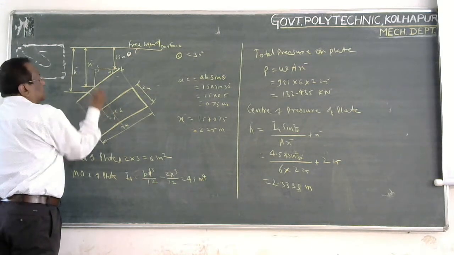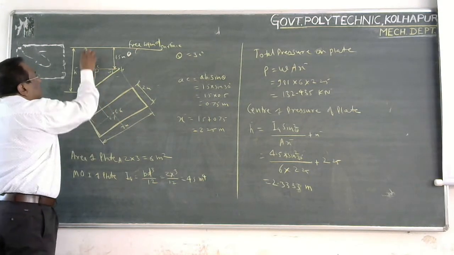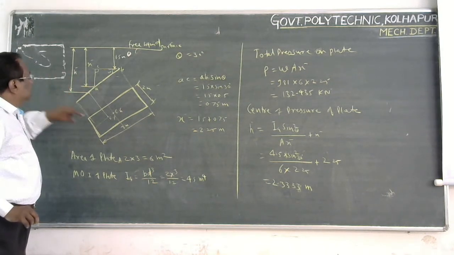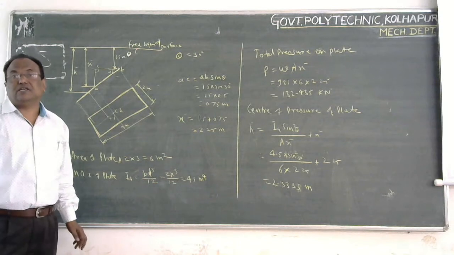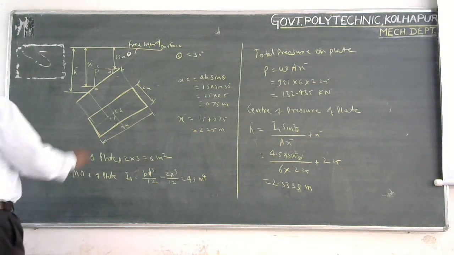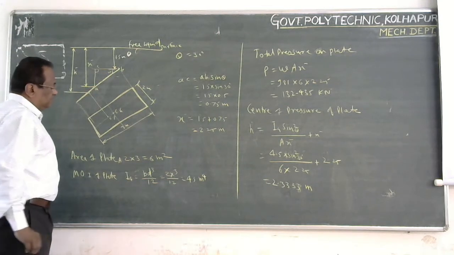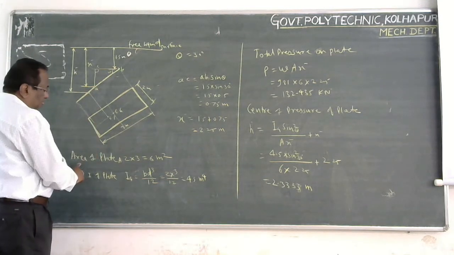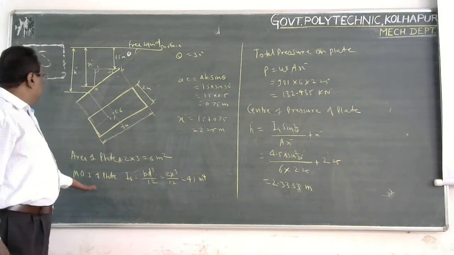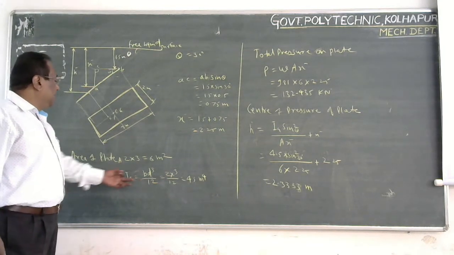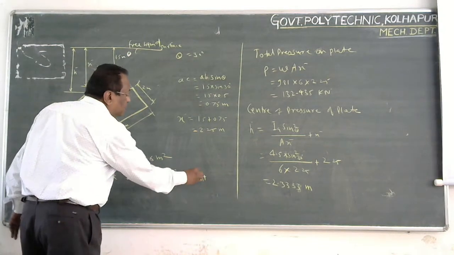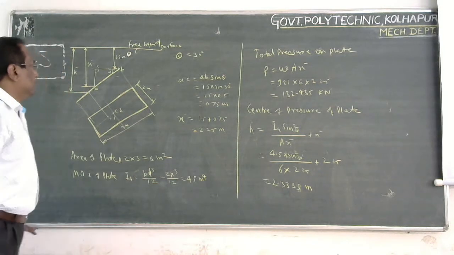X bar is the distance of CG of the plate from the free liquid surface, which we have shown here, and h bar is the distance of center of pressure of the plate from the free liquid surface. That also we have shown here. The area of the plate will be 2 times 3, that is 6 meter square. Moment of inertia of the plate is b d cube upon 12. That comes out to be 4.5 meter raised to 4.